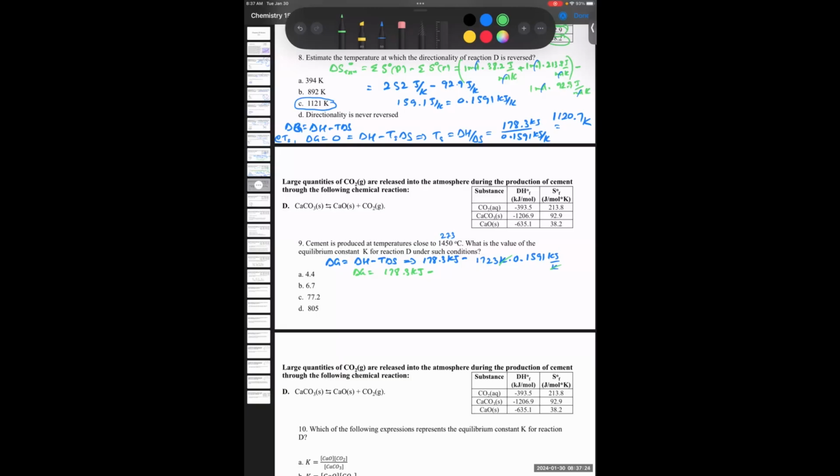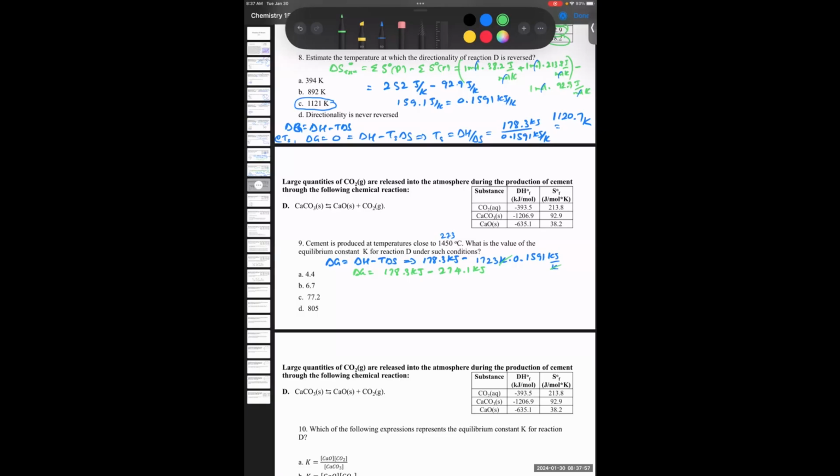That gives 274.1 kilojoules. Okay. Oh wow, I didn't expect that. Anyway, so now you see that this is going to become a negative value.